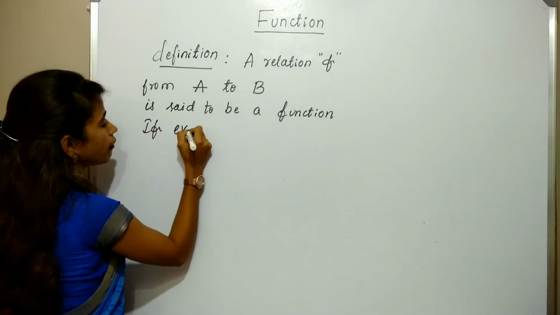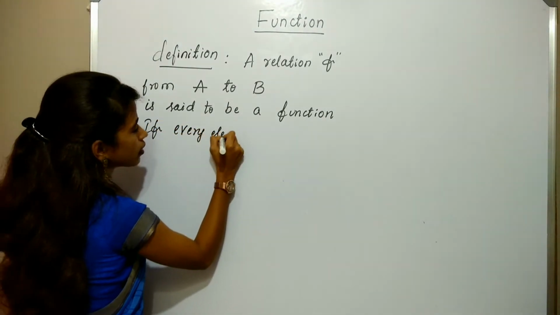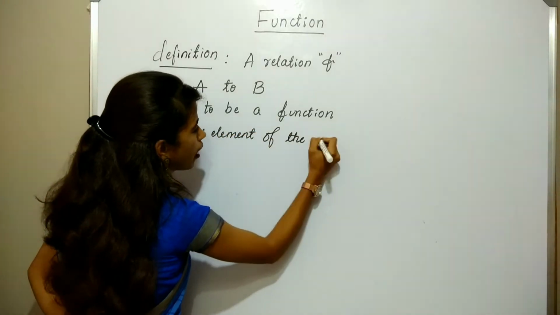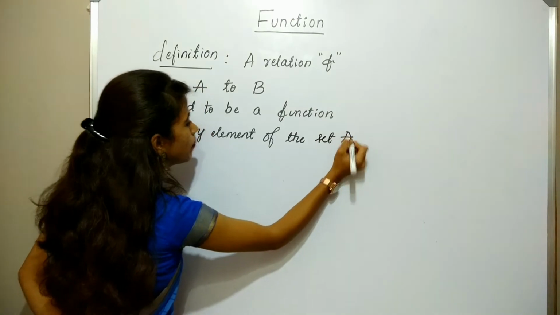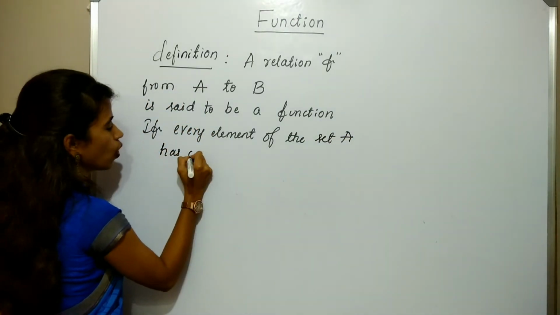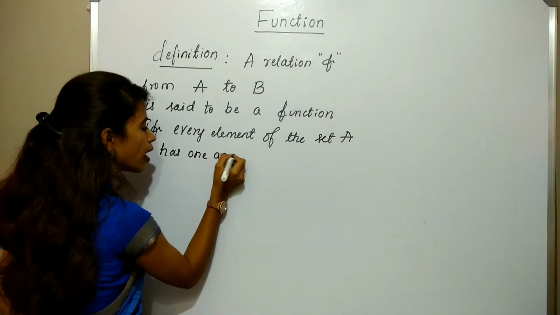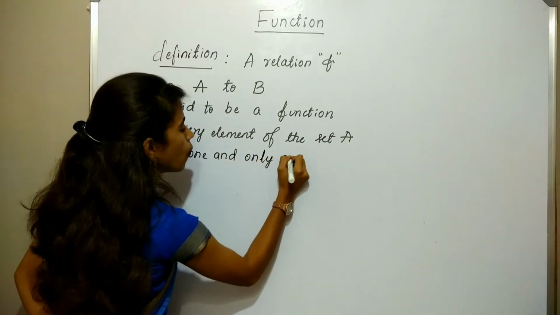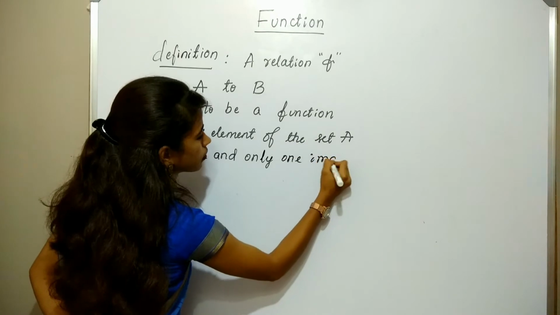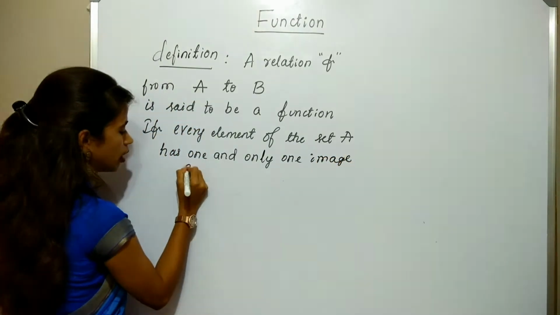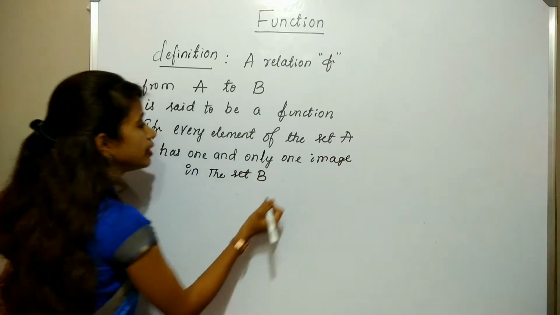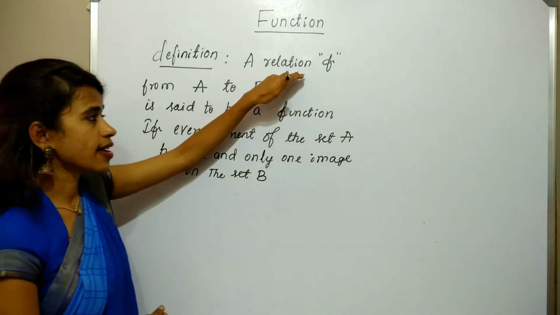If every element of the set A has one and only one image in the set B, then we say that the relation is a function.